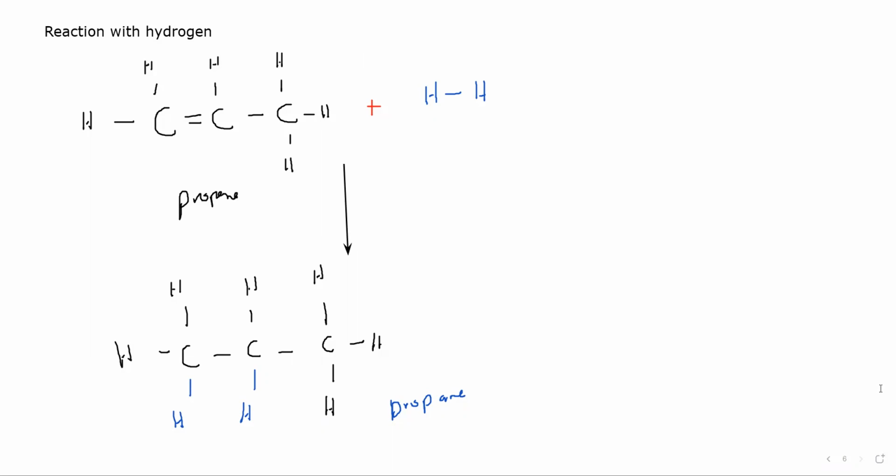The general word equation for reaction with hydrogen, we are discussing the reaction of alkenes with hydrogen. So if I say ethene plus hydrogen, what will be the product? Ethene plus hydrogen. It will be ethane.